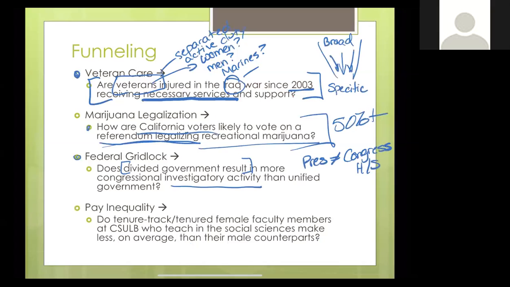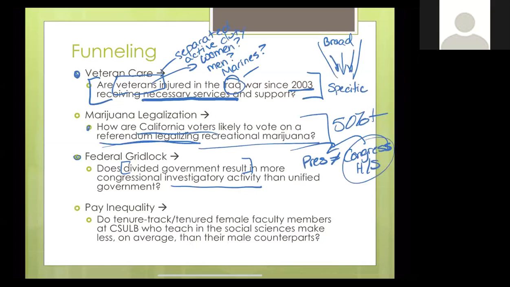So it's not about productivity, it's about whether Congress investigates the president more when at least one half is a different party than when they're together. If you're watching the news today, that becomes a pretty relevant question as of right now.